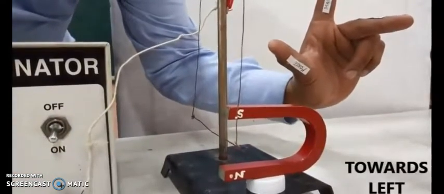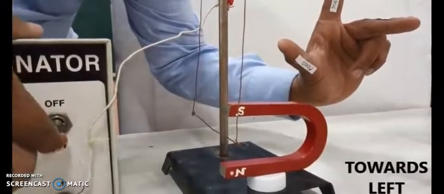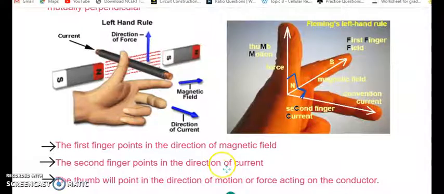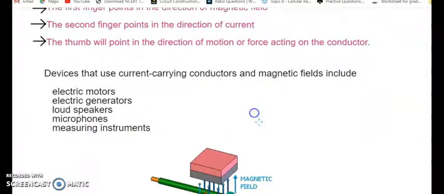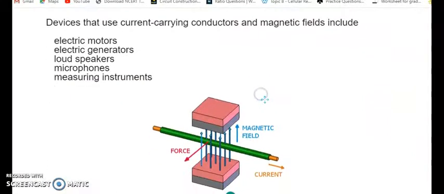So this is how the force can be detected. So Fleming's left hand rule helps us to find out the direction in which the force will be applied if electric current and magnet both are placed near it. Okay, this particular concept is used in many devices like electric motors, electric generators, loudspeakers, microphones, and measuring instruments.